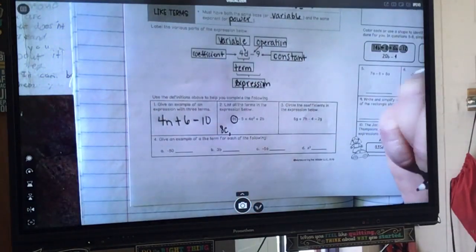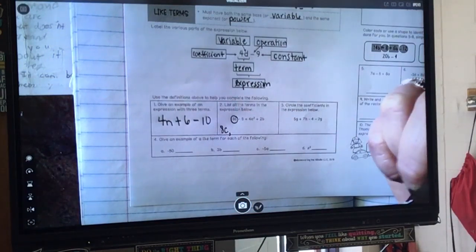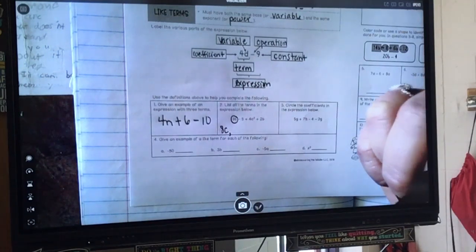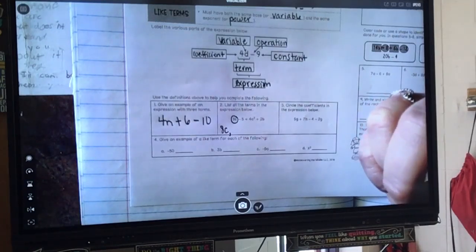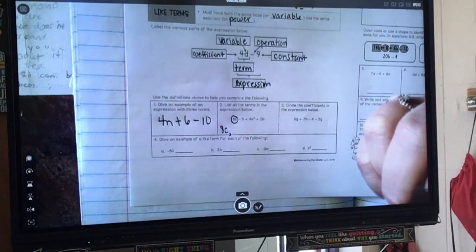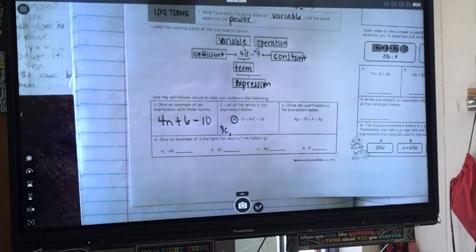Haley? No. Why is it not 5? Because that's a constant. Nope. But that's a coefficient. Nope. Is the number 5? It is a negative 5. And how do you know it is a negative 5? Oh, that's right.